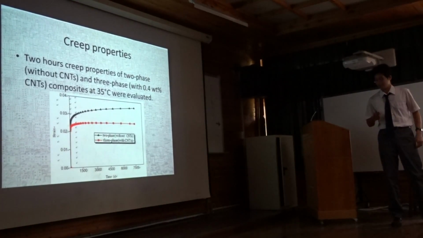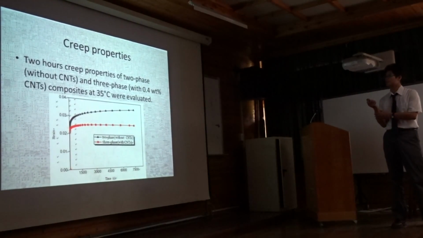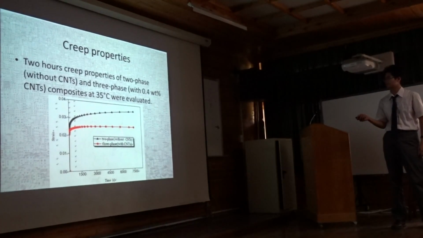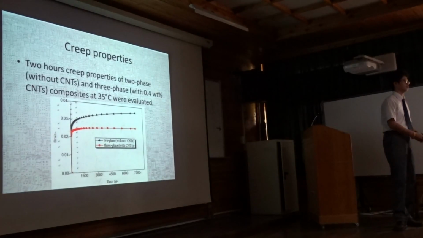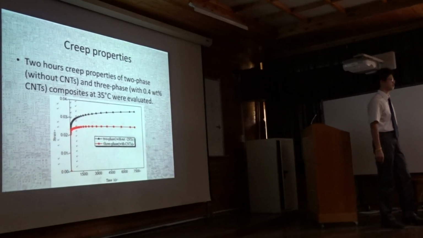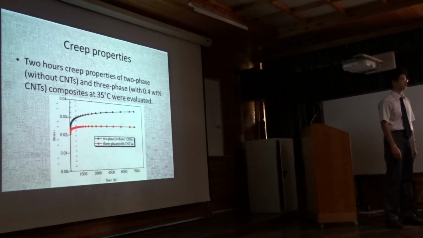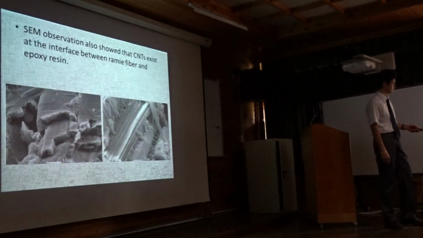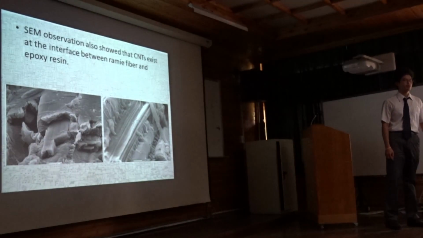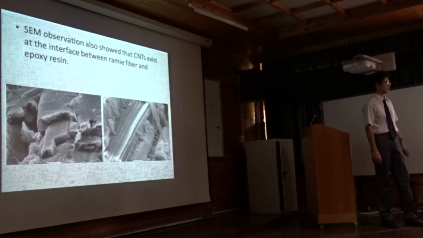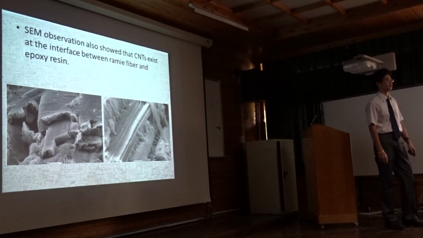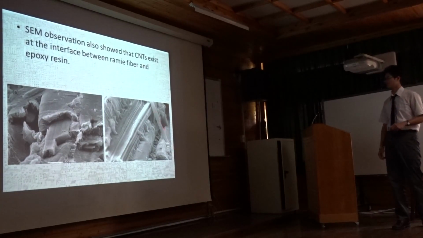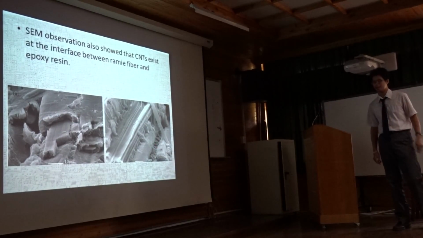It is observed that the creep deformation of three-phase composites decreased compared to two-phase composites, which shows the creep resistance of three-phase composites is better than two-phase composites. SEM observation also showed that the carbon nanotubes exist at the interface between rayon fiber and epoxy resin, as the black ellipses in picture B compared to picture A.